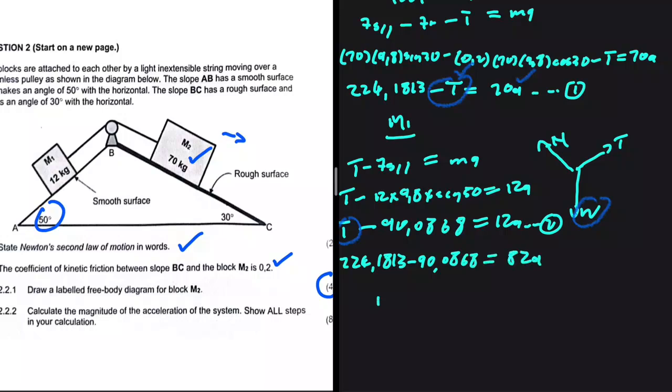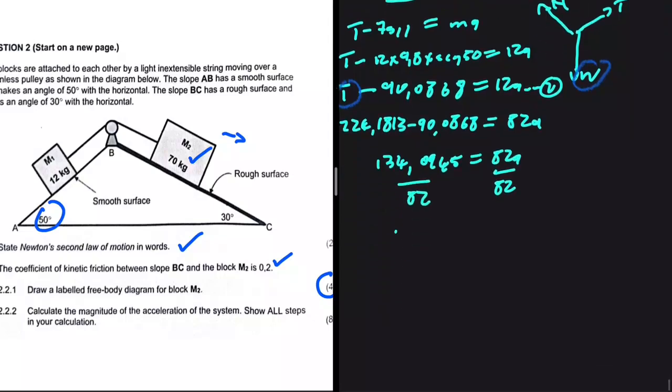This is just 134.0945 being equal to 82a. We need to divide both sides by 82, obviously. If we do that, we're going to get an acceleration that is equal to 1.64 meters per second squared. We are only interested in the magnitude. We don't need to indicate the direction.